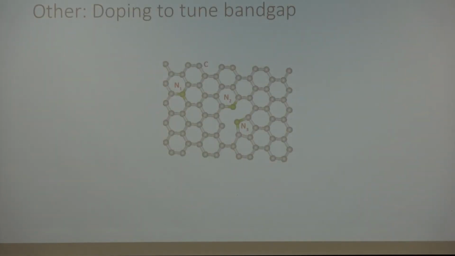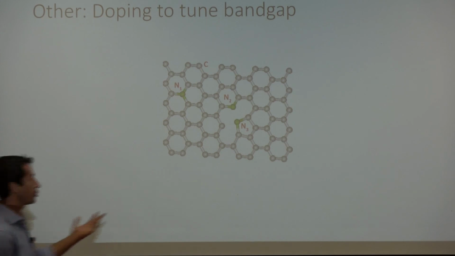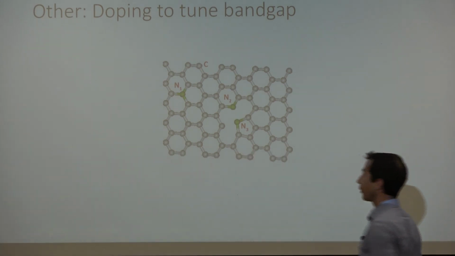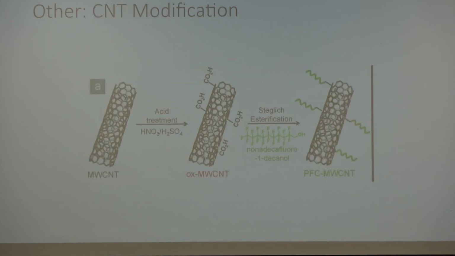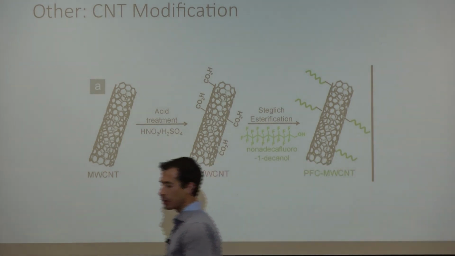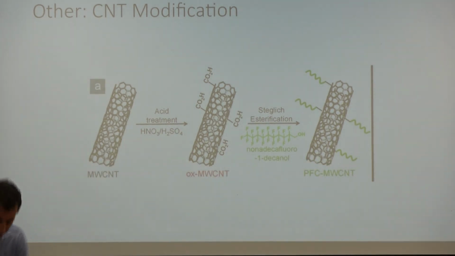So some other things to bear in mind, you can do doping just like you can with any other kind of semiconductor. People have put boron and nitrogen into these carbon nanotubes to control the band gap. And then how do you modify these? Especially for using them in anything aqueous, these things are incredibly hydrophobic.